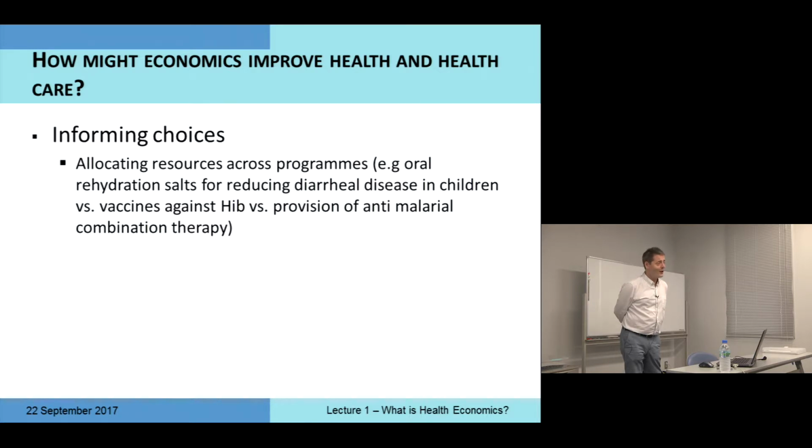A can of Coca-Cola can actually be really quite good as well, but never mind that. We've got excellent evidence that vaccines against Hib work, very effective. We've also got excellent evidence that combination therapy for treating malaria works really well.